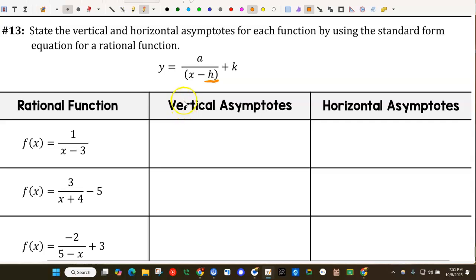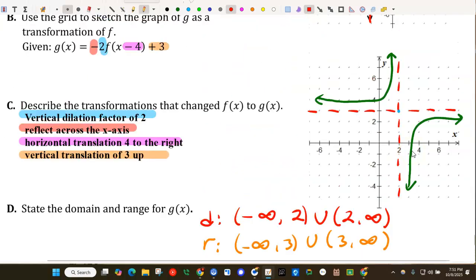So these h's, the moving left and right, that's going to affect the vertical asymptotes. And the number on the right-hand side, the moving up and down, that's going to affect the horizontal asymptotes, right? And we can confirm that back here.